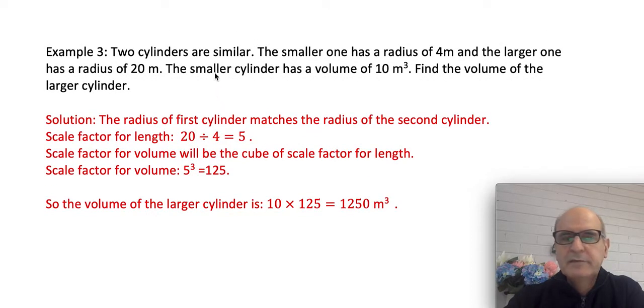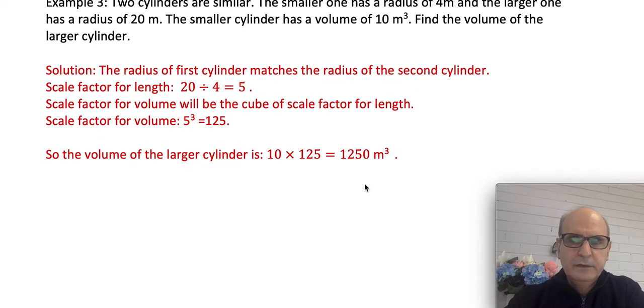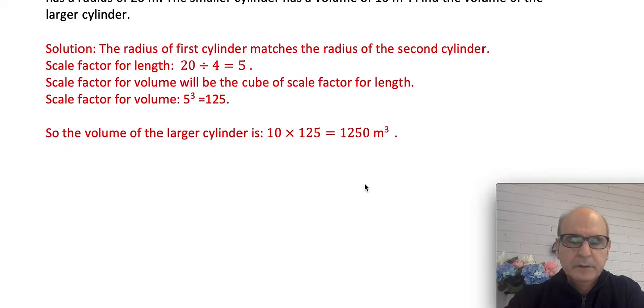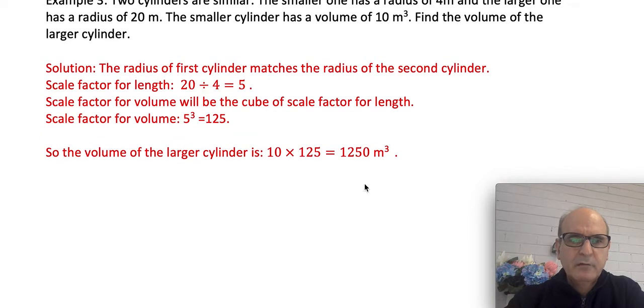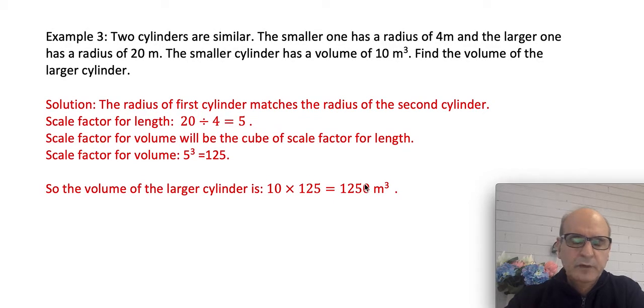So because they have given us the smaller cylinder, we need to multiply by the scale factor for volume to find the volume of the larger one. So 10 times 125 gives us 1250 cubic meters.